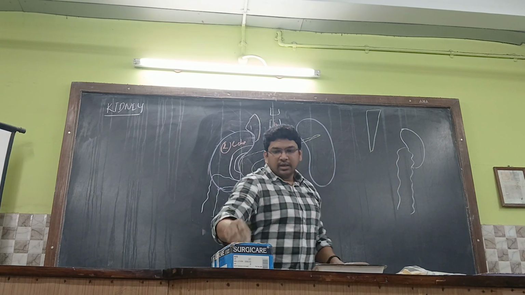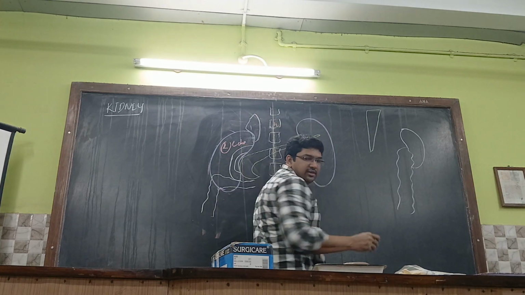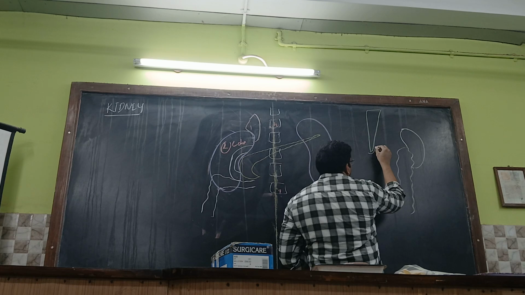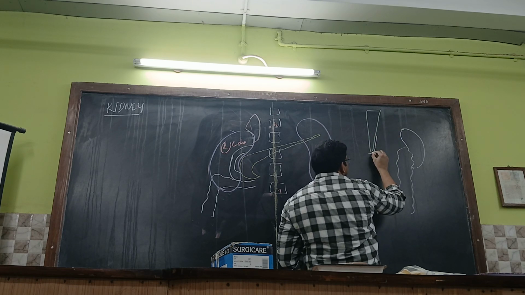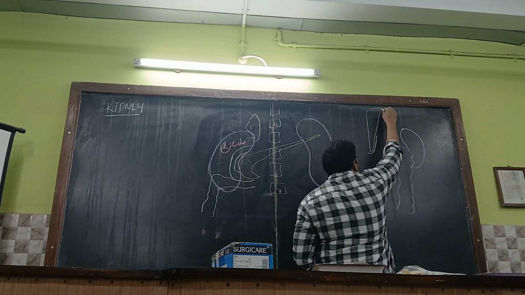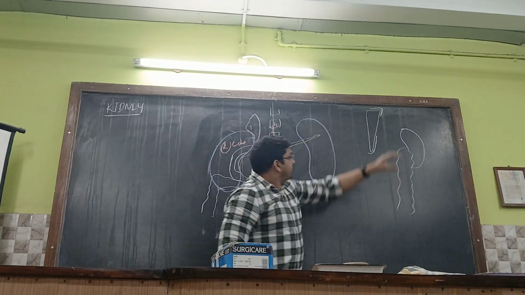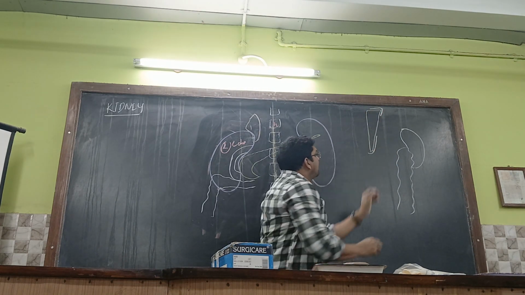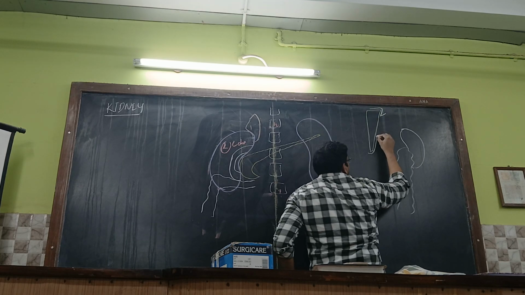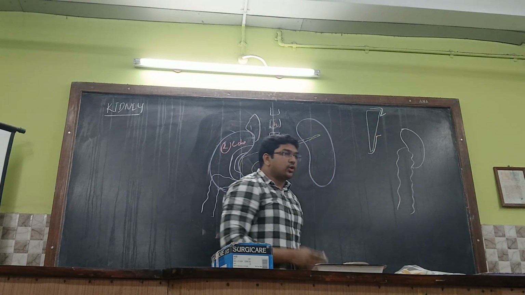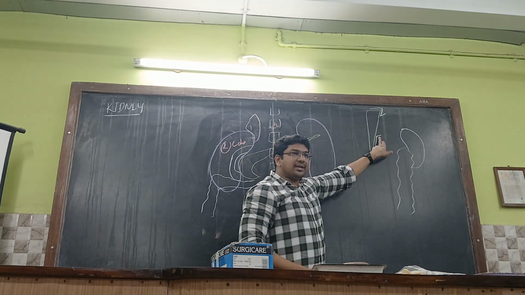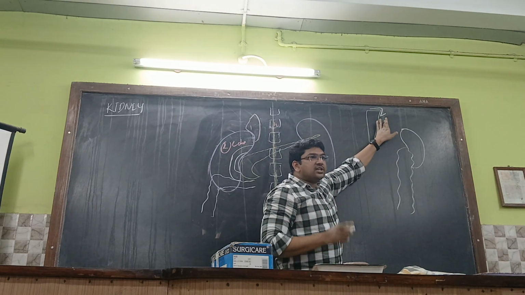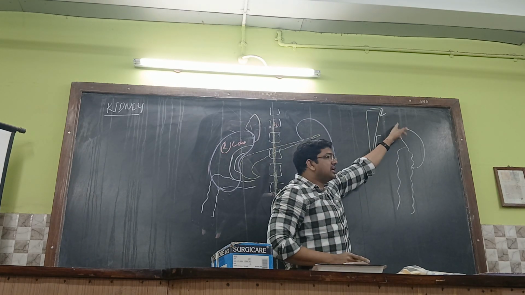So we are at this part: the ascending colon, the right kidney, and the liver in front. The peritoneum which is covering the right lobe of the liver, and this part is the bare area of the liver towards the posterior surface. This is the superior layer of the coronary ligament and this is the inferior layer of the coronary ligament. On the opposite side, both will join and form the right triangular ligament that hangs the liver from the right side.